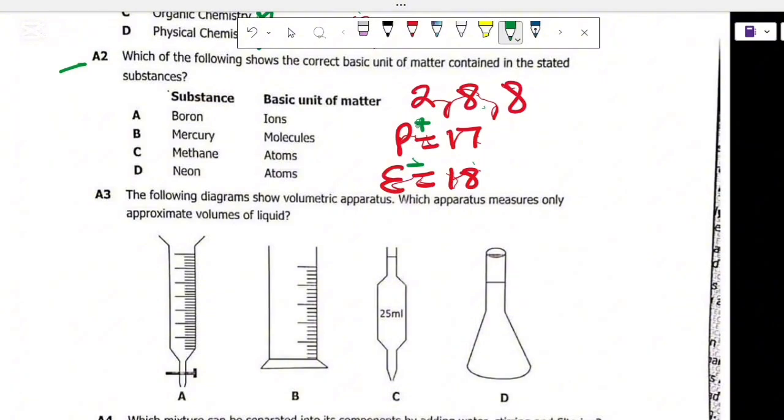But in this case, because you have 18 electrons and 17 protons, these positively charged protons are going to cancel 17 of the negatively charged electrons. But when you cancel 17 of the negatively charged electrons, you're going to remain with one more electron.